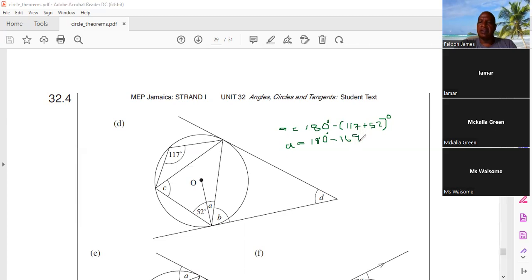And that will give you how much? Leave it with 11. How much? 11, sir. 11. All right. So A is 11. Can we determine anything else now from that?